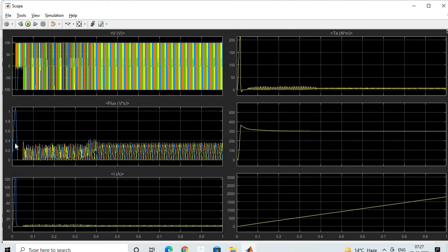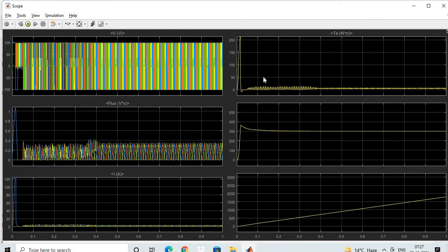This is the current characteristic. It is observed that the starting current is too high compared to the normal current, because we have not connected a current limiter. If we use a current limiter, then you can control this current also. So again I repeat, to control this current we need to use a current limiter in the loop.